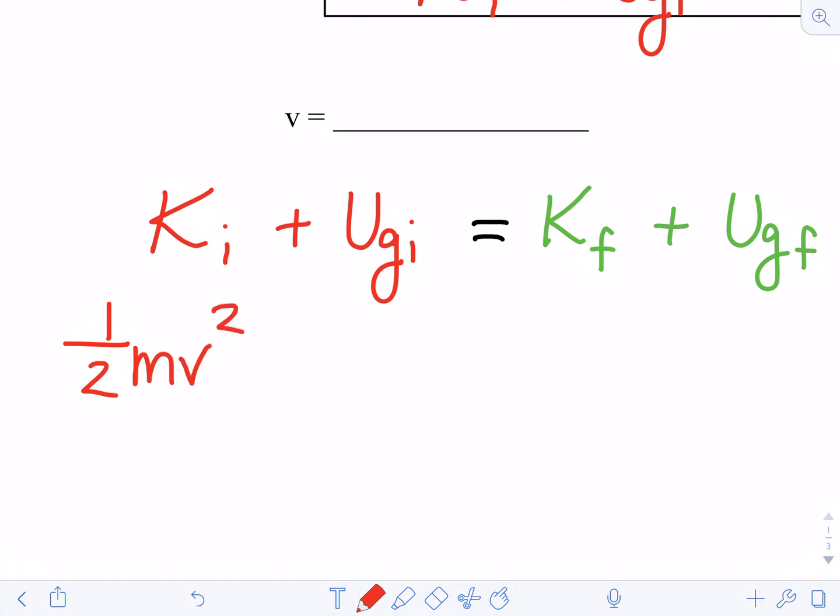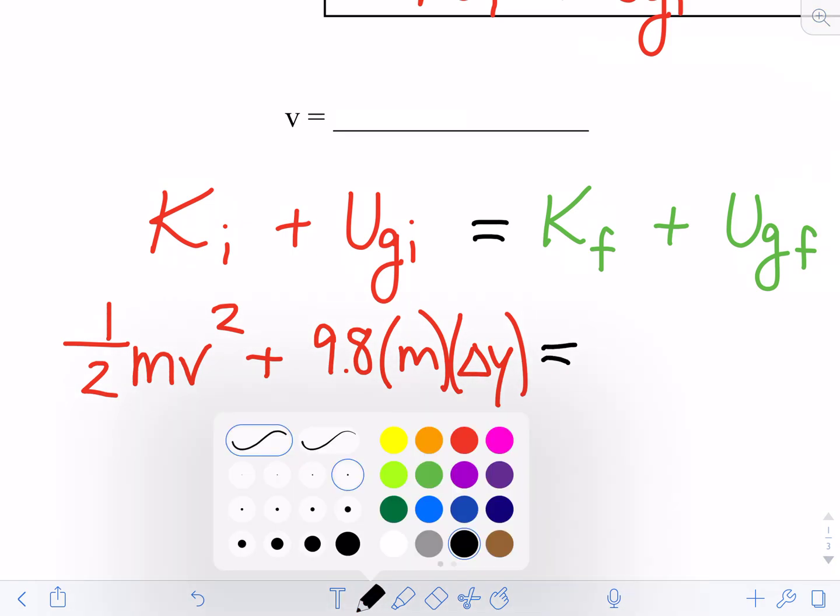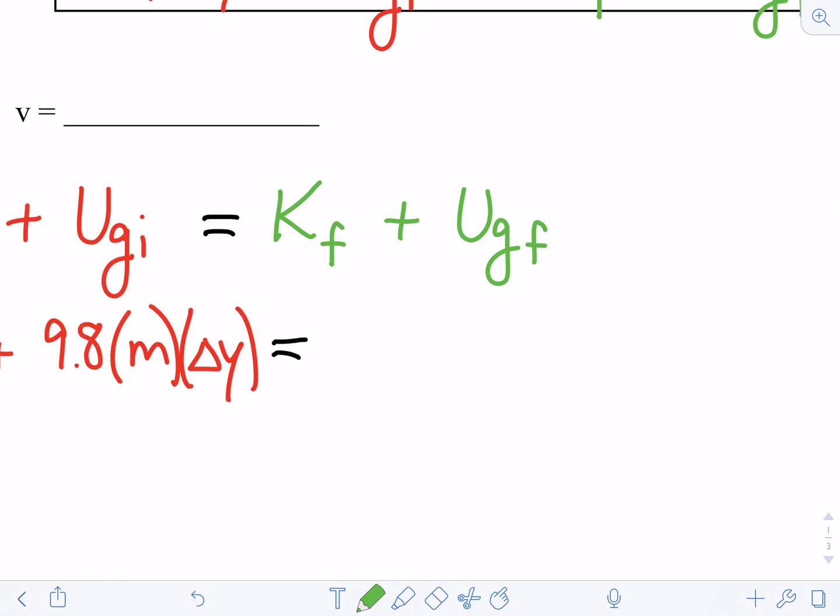We got 1/2 mv squared to calculate kinetic energy, and 9.8 times m times delta y for our initial gravitational energy. So kinetic energy is 1/2 mv squared, and gravitational is 9.8 times mass times your height.